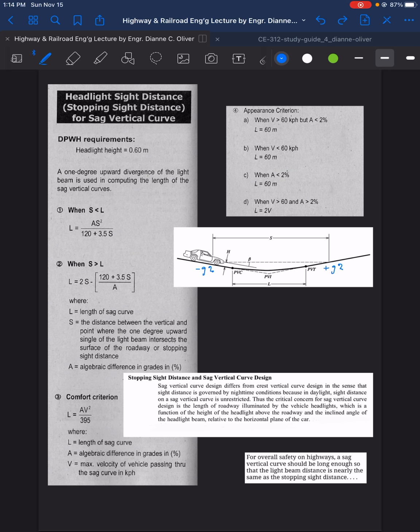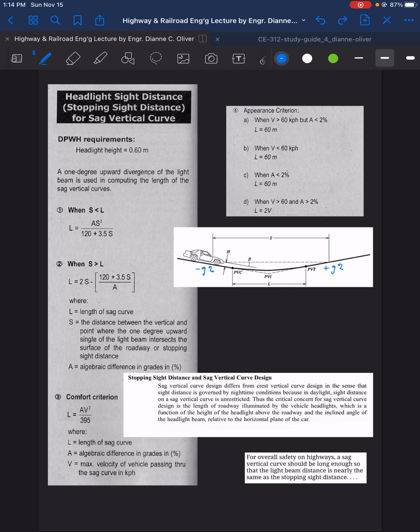Now, stopping sight distance and sag vertical curve design. Sag vertical curve design differs from crest vertical curve design in the sense that sight distance is governed by nighttime conditions, because in daylight, sight distance on a sag vertical curve is unrestricted.